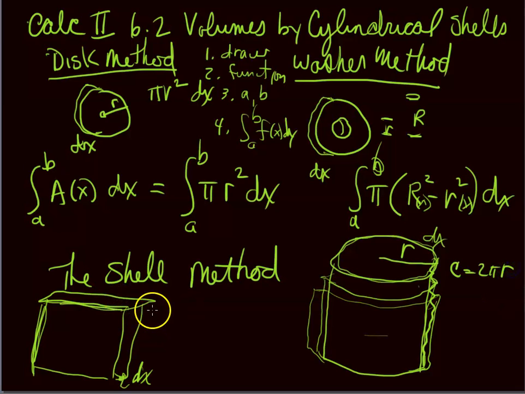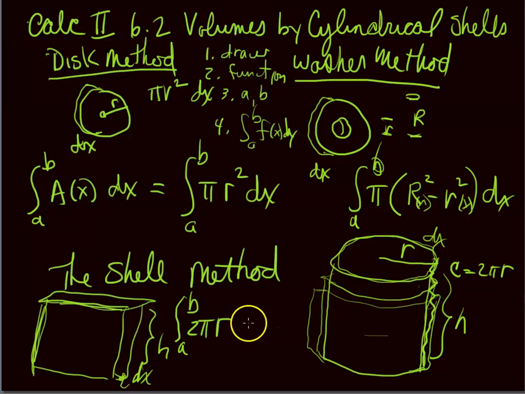And if we can find this height, let's call it h, the surface area is 2 pi r h, and then we have to multiply by the thickness, the dx, and take it from A to B. So the integral from A to B of 2 pi r h dx. Now this would be a function r of x perhaps. This could be another function h of x, something in terms of x, since this is with respect to x.